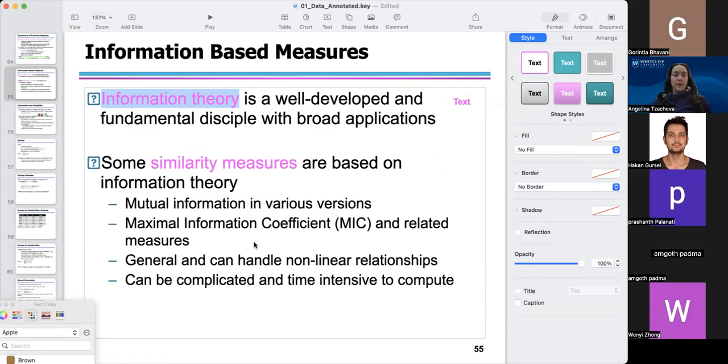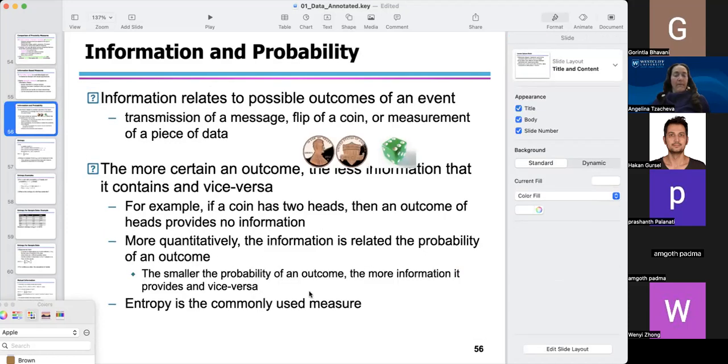So some similarity measures based on information theory would include mutual information, maximal information coefficient, and then probability.